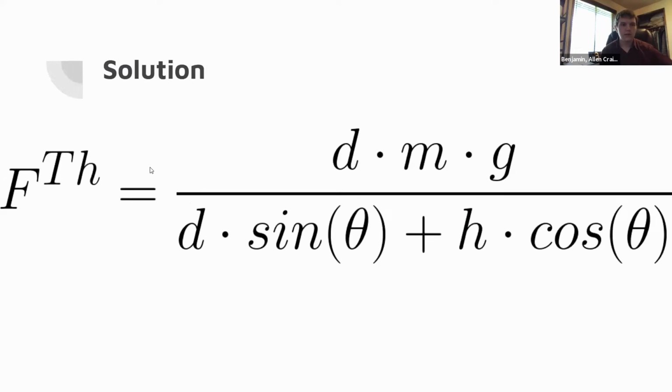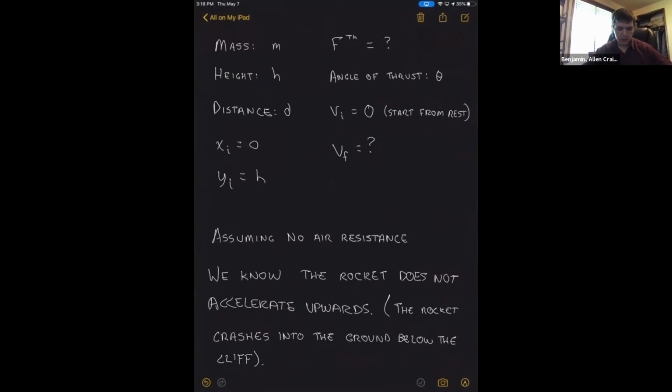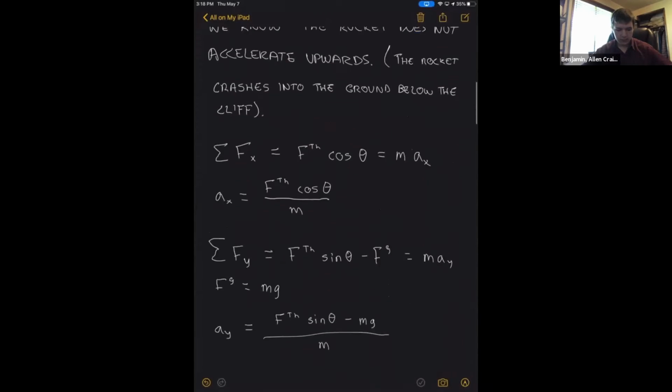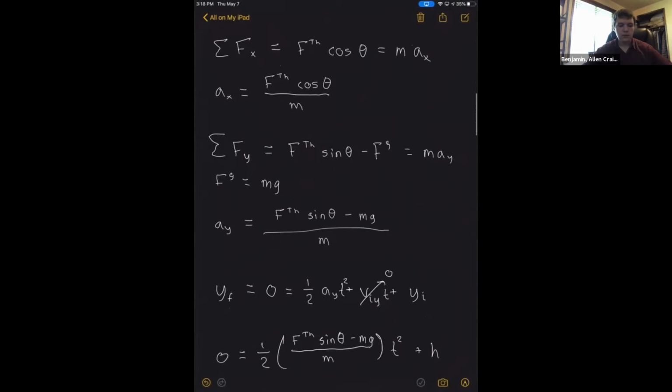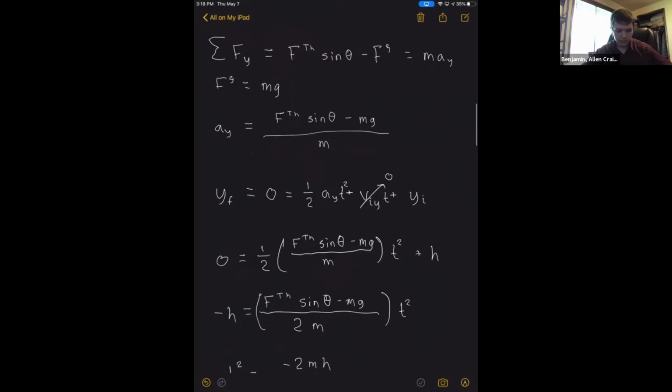Alright, so this is the final solution we came up with for the force of thrust. For the calculations, we started off by listing our knowns and unknowns and our assumptions, and then started with the sum of the forces in the x direction. To determine the acceleration, we just divided by the mass, same for the y direction.